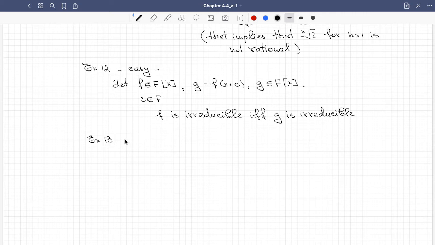They ask us to prove that the polynomial x to the 4 plus 4x plus 1, as a polynomial with coefficients in Q, is irreducible.